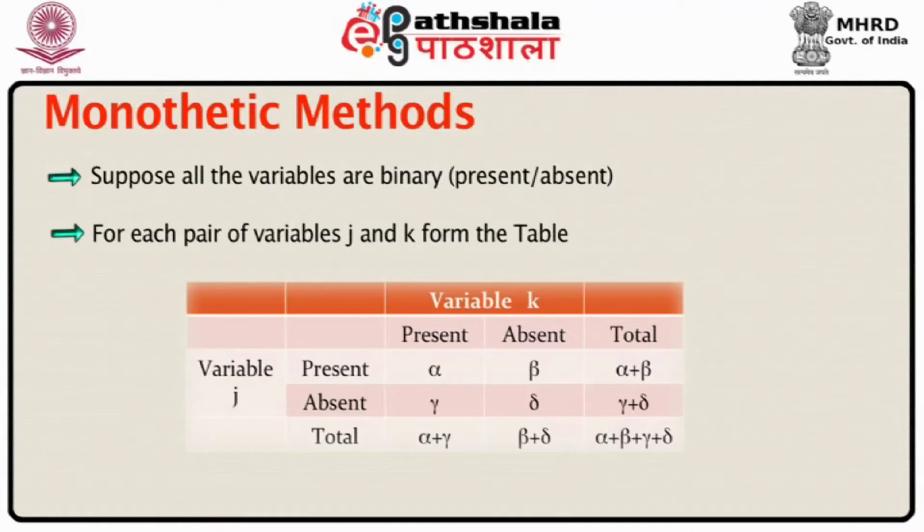So we have variable j and variable k out of the m variables, and then we look over the n individuals and see in how many of these individuals variable j is present as well as variable k is present. That would give us alpha. If variable j is present and k is not present, then the number of such individuals is beta. Similarly, we can define gamma and delta and form a table like this.